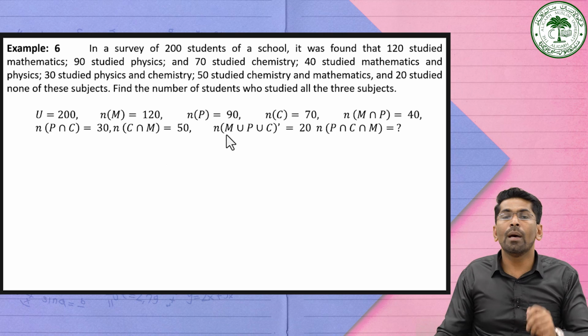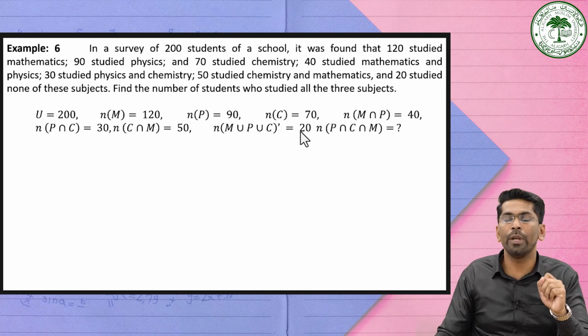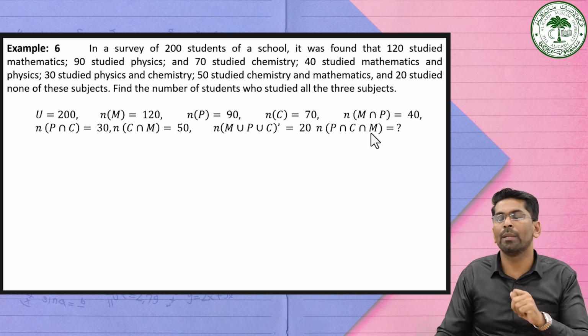That means the number of students who did not study mathematics, physics or chemistry is equal to 20. And we want to find the number of students who studied physics, chemistry and mathematics.